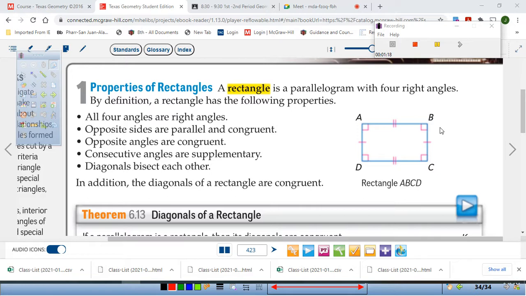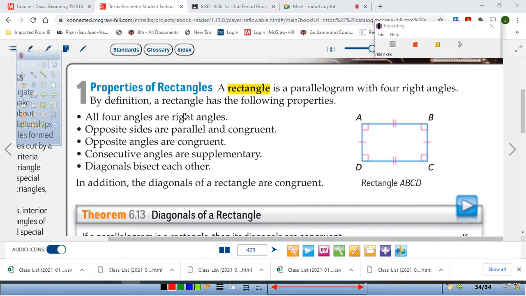What about a square? Pretty cool, right? So in this situation, a square now has opposite sides congruent, parallel and congruent. But for it to be a square, all of them are congruent. That's the only difference. So a rectangle and a square are kind of the same thing. A square is just a special rectangle.